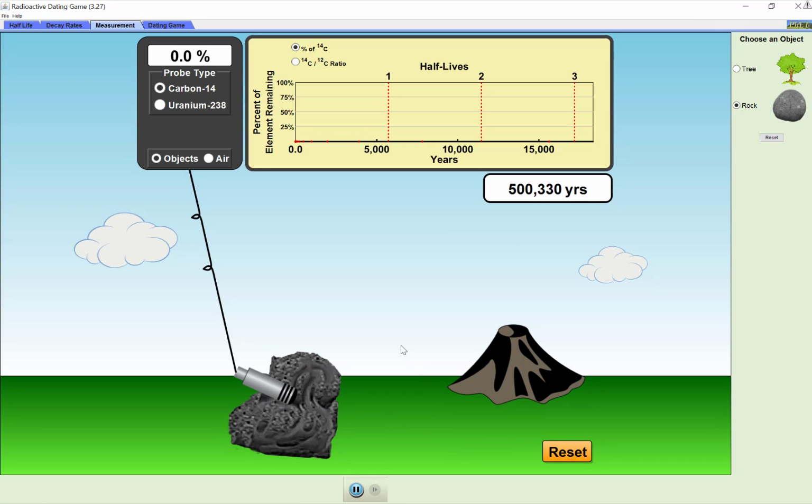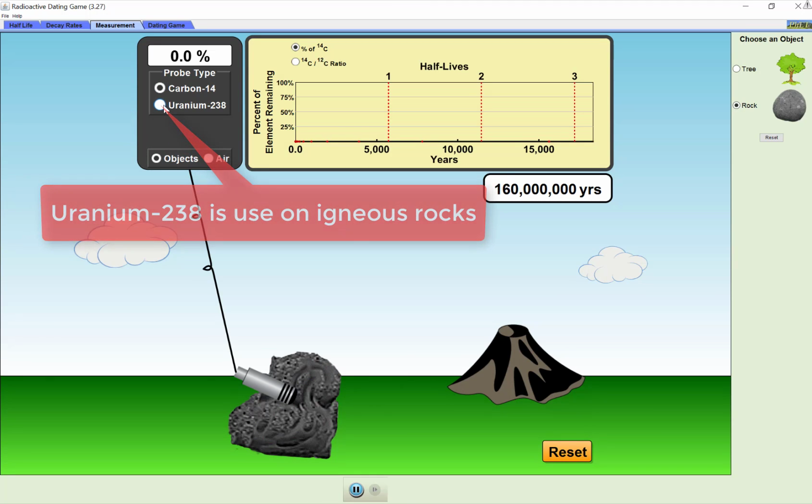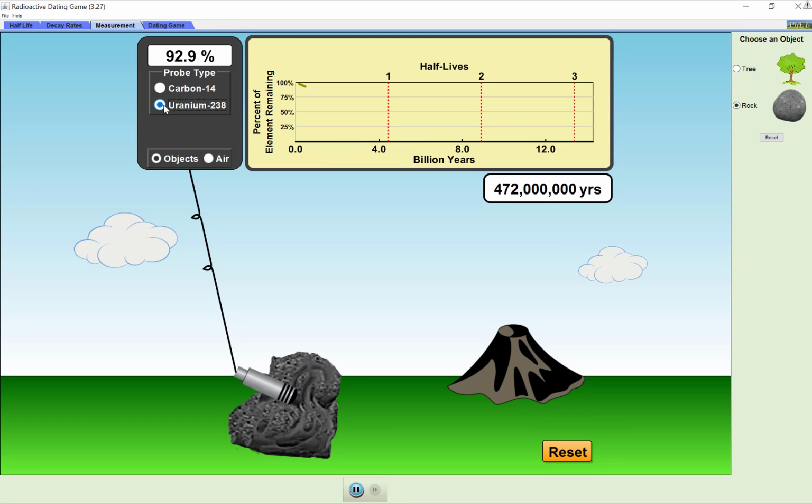However, uranium-238 is a naturally occurring substance that is found in the soil and in a lot of igneous rocks. That's why we don't actually date sedimentary rocks directly. That is actually quite hard to do. We can date igneous rocks very well because we can use uranium-238 or other substances that are radioactive.